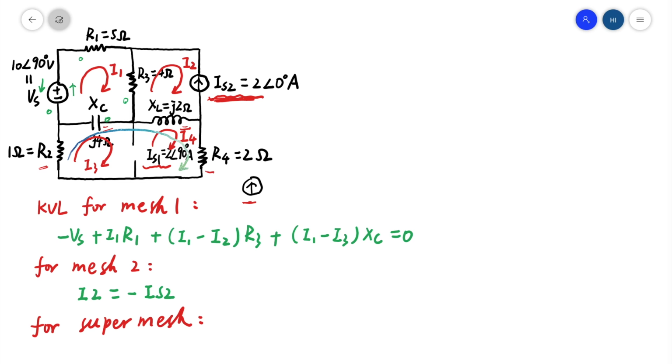So the equation for R2 is R2 times I3, and for the capacitor, since it's contained in two meshes, mesh 1 and mesh 3, the voltage should be I3 minus I1 times XC.